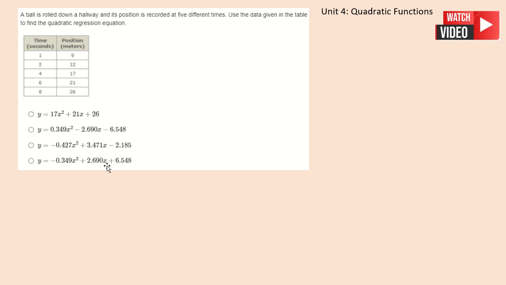It looks like the last option of negative 0.0349 matches, just because the only other negative will be the third one, and that's not 0.03.